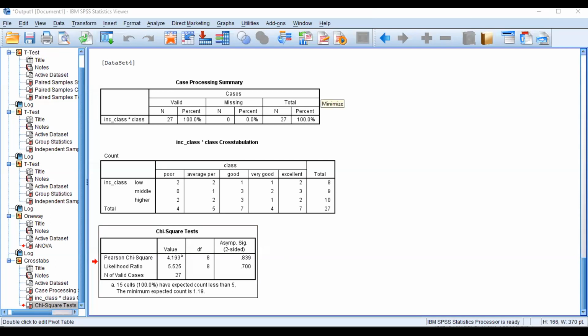It won't affect your class performance. This is the chi-square interpretation. This was the first kind of chi-square, a non-parametric test, completely depending on frequency analysis and helping you with hypothesis acceptance and rejection, and your interpretation of the result.